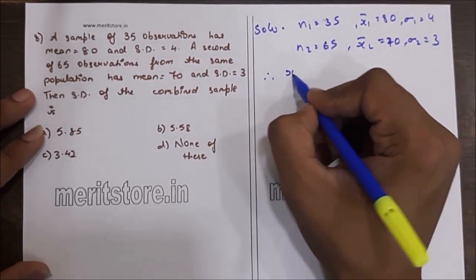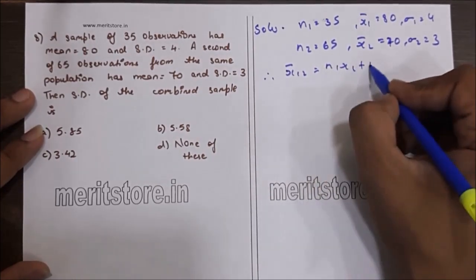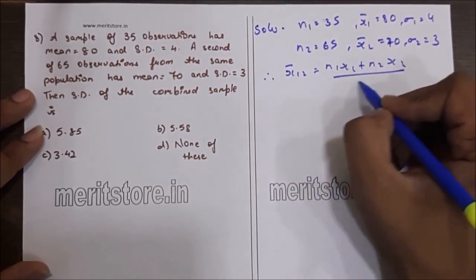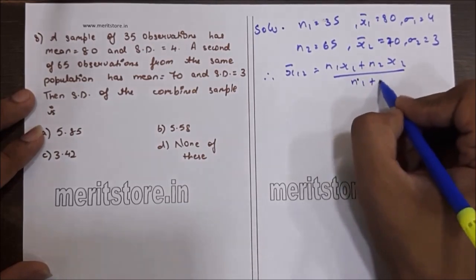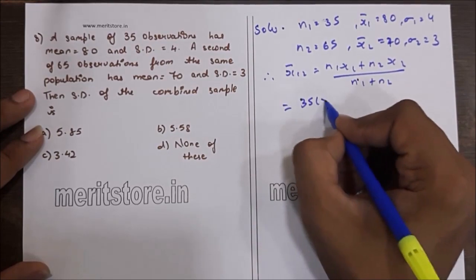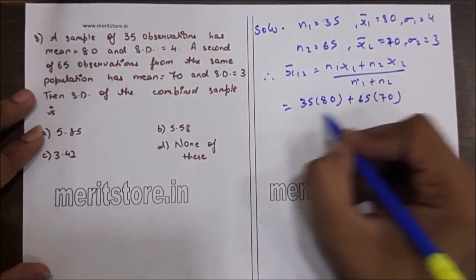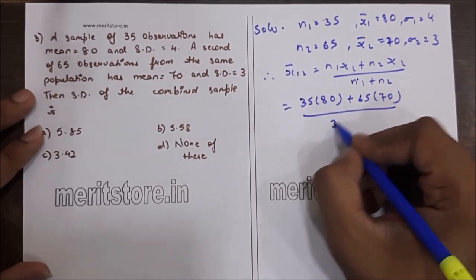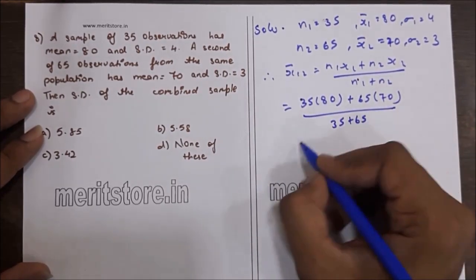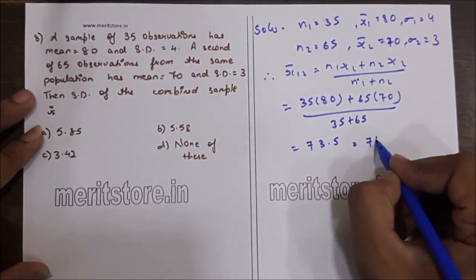Therefore x12 bar is equal to n1 x1 plus n2 x2 upon n1 plus n2. Substituting the values, we get 35 into 80 plus 65 into 70 upon 35 plus 65, which is equal to 73.5, that is approximately 74.